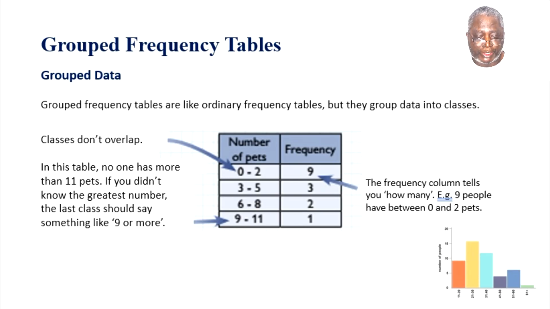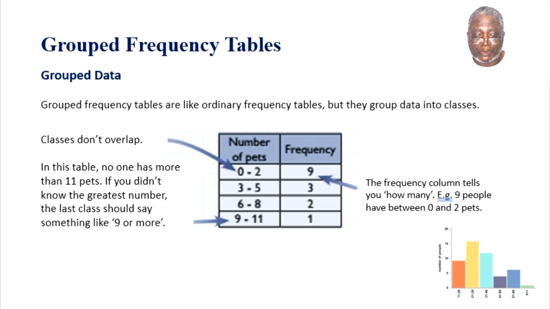So 0 to 2 is 9, 3 to 5 is 3, 6 to 8 is 2, and 9 to 11 is 1. In this table, no one has more than 11 pets. If you didn't know the greatest number, the last class should say something like 9 or more.